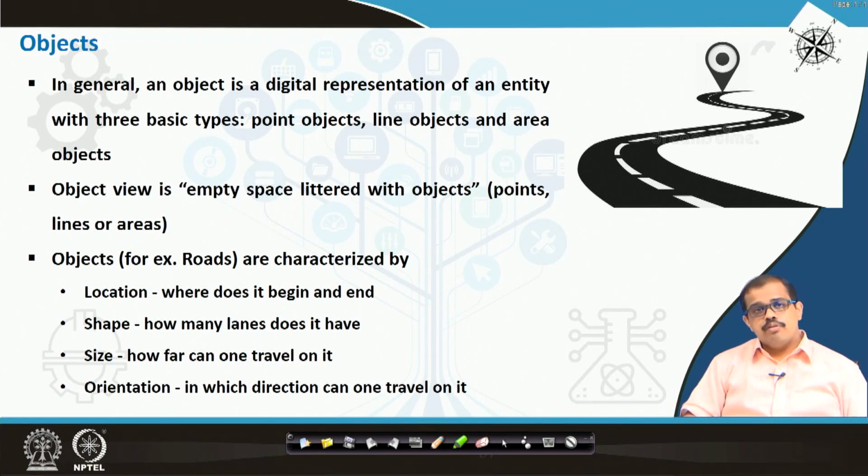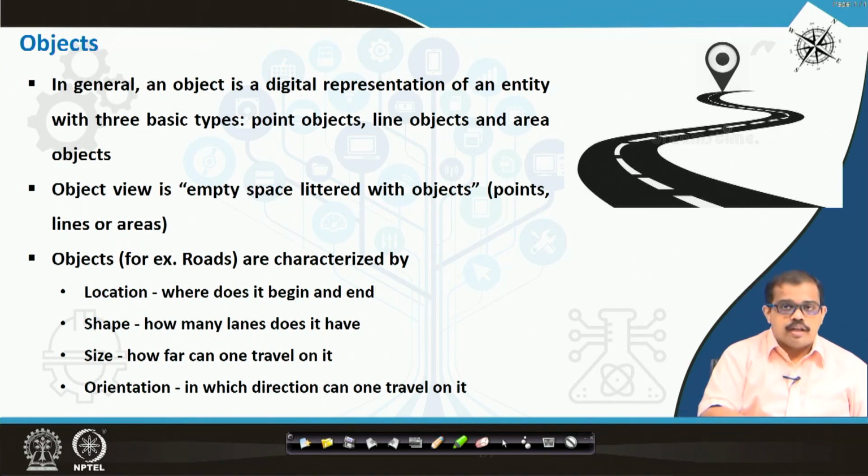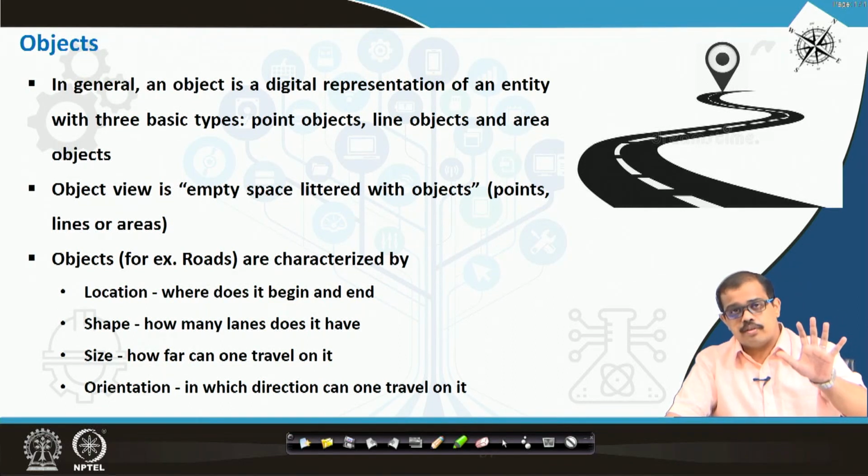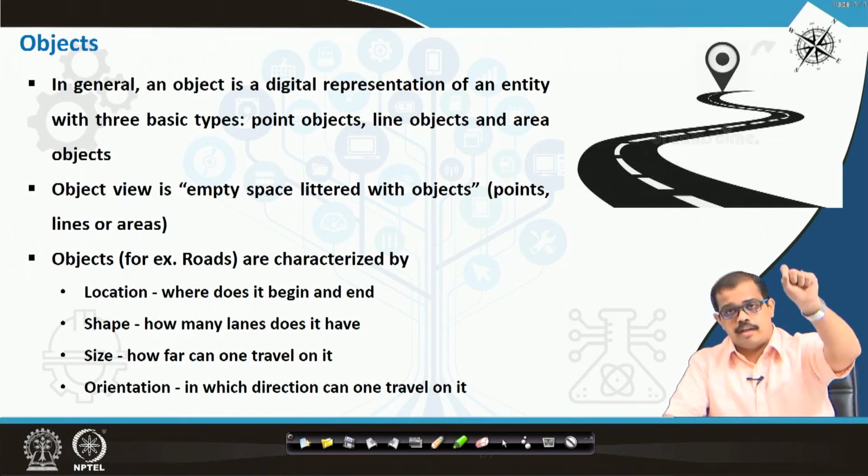The object view is an empty space littered with objects. If you consider this entire slide, if you do not have anything written here, it is an empty space in a database. Now I put some object on it, it may be a point object, it may be a line object.